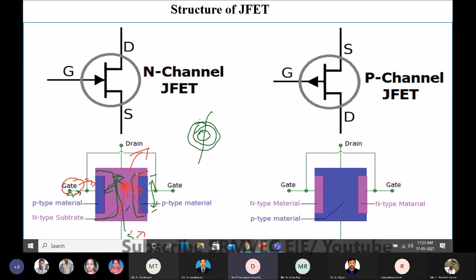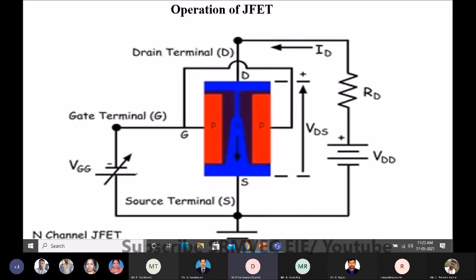So either it is n-type or p-type, this is the symbol and the structure. How it is operated: we apply a negative supply. At 0 volt itself, there will be a channel available, so the electrons can flow depending upon whether a positive or negative voltage is given. By attraction, these electrons are taken outside. The conventional current flow is like this.